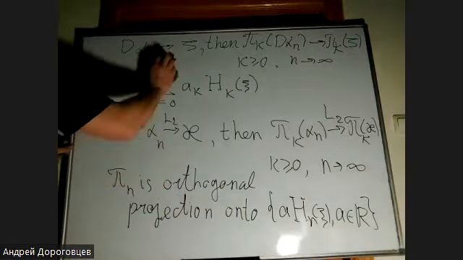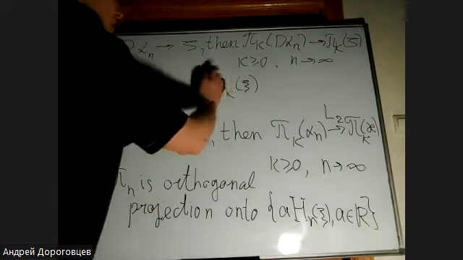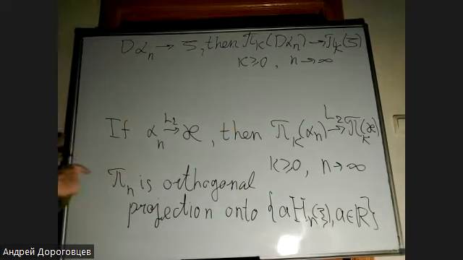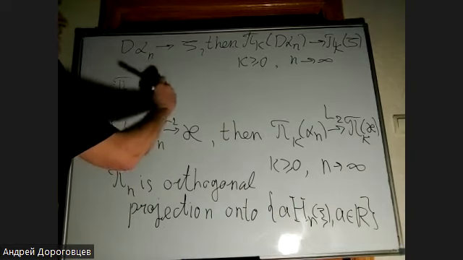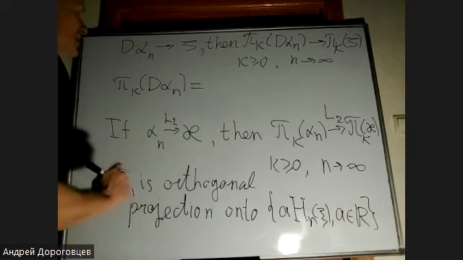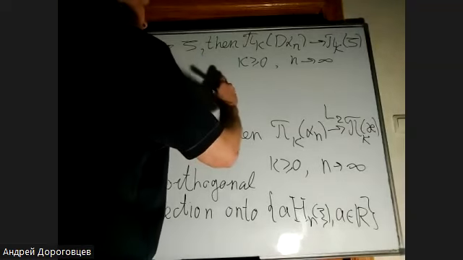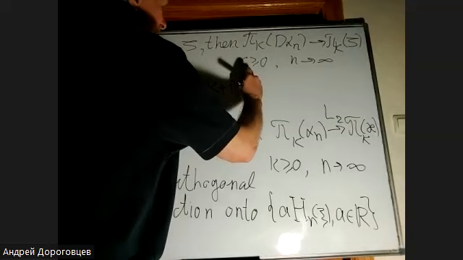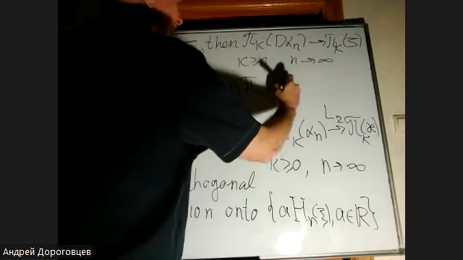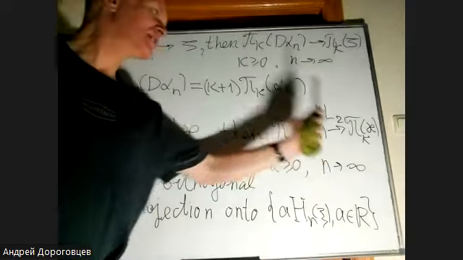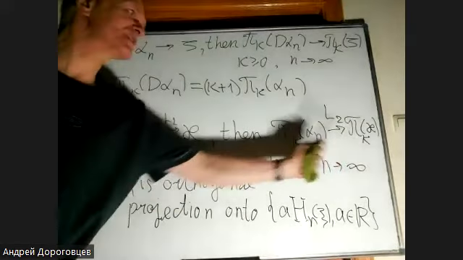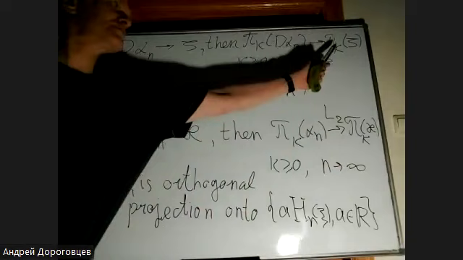Namely, we know from the definition that P_k Dα_n is equal to (k+1) P_{k+1} α_n. Yes, this is just from the definition of our stochastic derivative. And now let's see. This expression goes to this one, and this expression goes to this one.